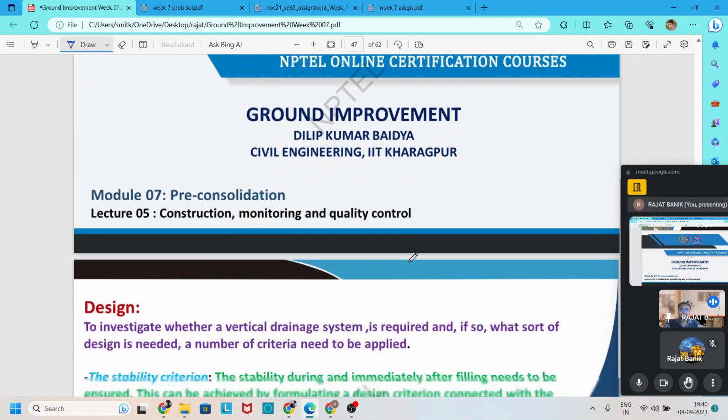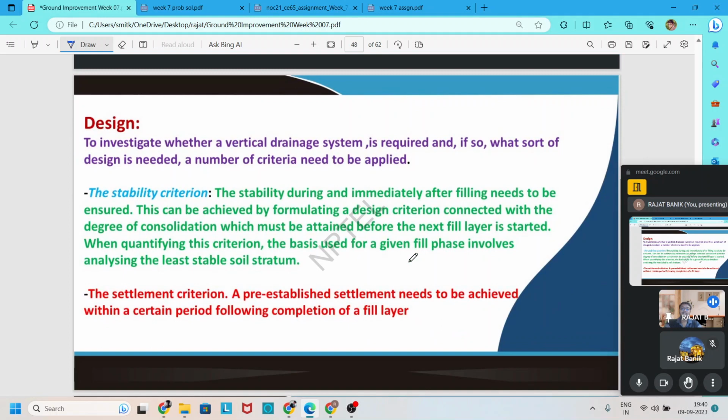Now coming to the next slide, we discuss the design steps, or some points about the design, of this PVD or vertical drain. First we need to check the stability of this PVD. Immediately after or during filling the sand, we need to check the stability of the drain, and this can be achieved by calculating the degree of consolidation.